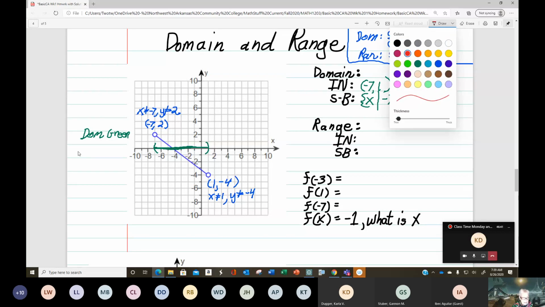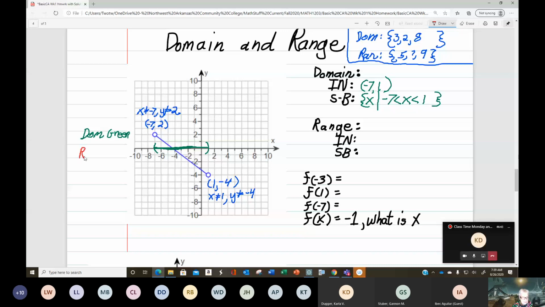All right, let's let the range be in red. Range is red. The range is always on the y-axis because it's the y-coordinates. And what we do there is we go from the lowest y-coordinate to the highest y-coordinate.